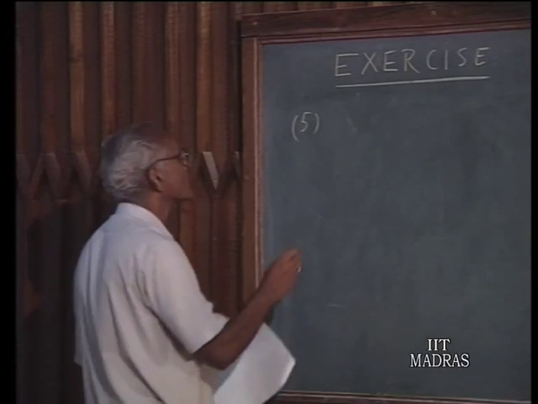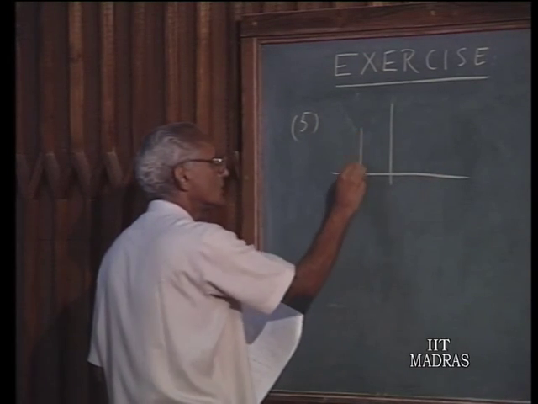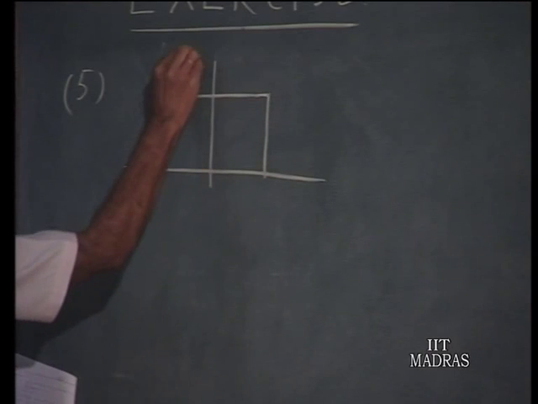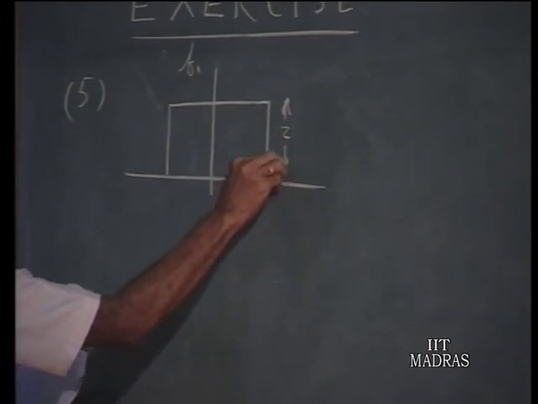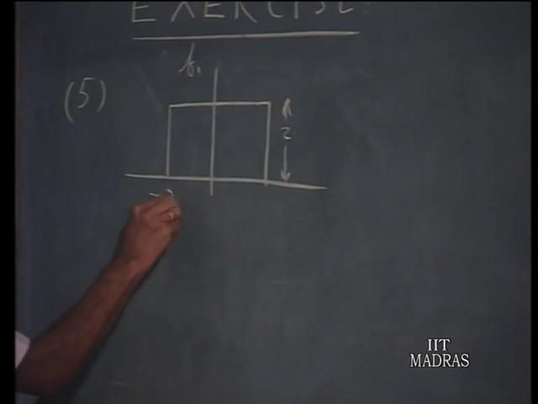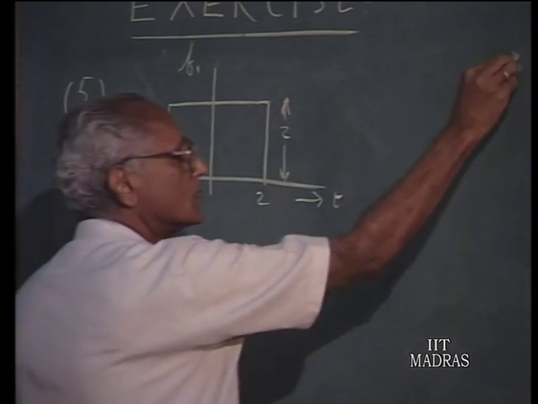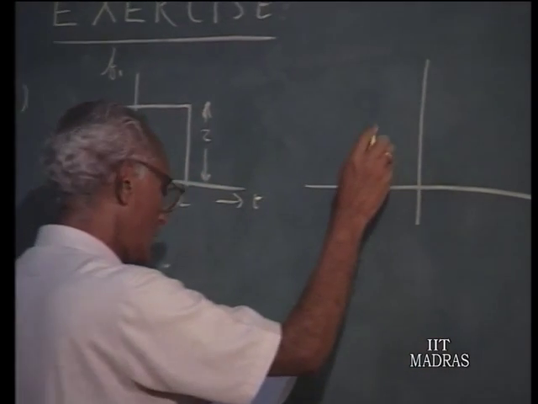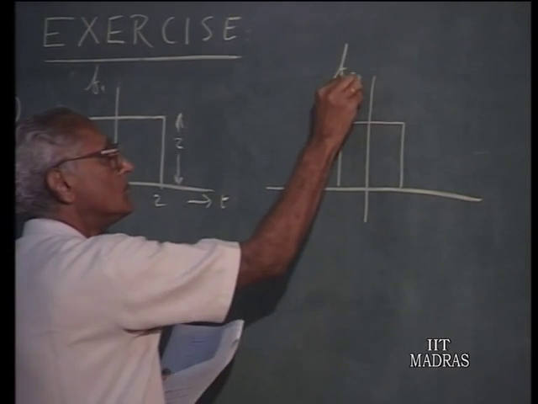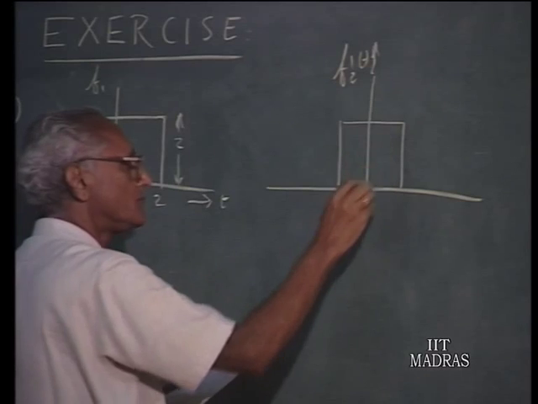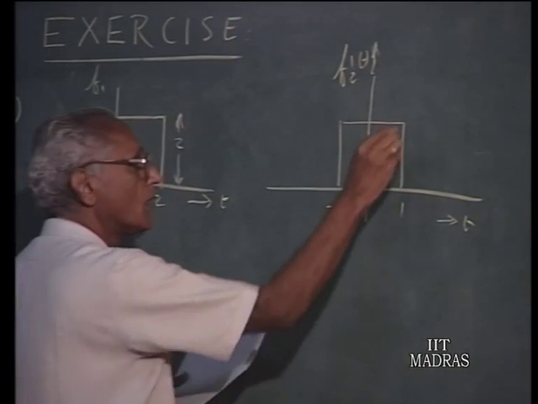Let us consider two functions. f1 of t is a pulse of amplitude 2 lasting from minus 2 seconds to plus 2 seconds, and f2 of t lasts from minus 1 to 1 second with height 1 unit.